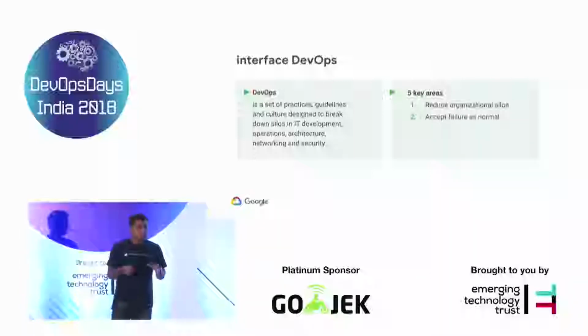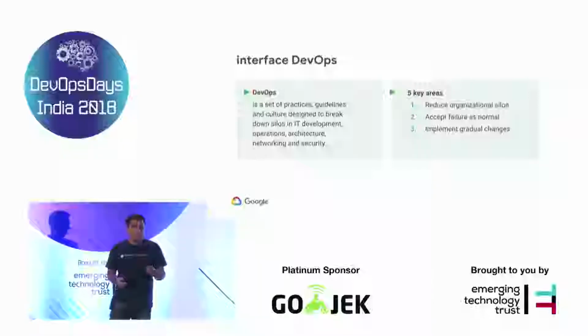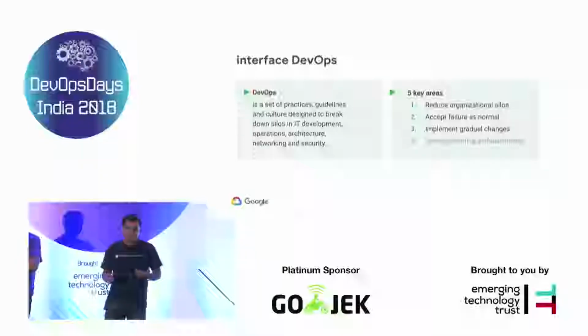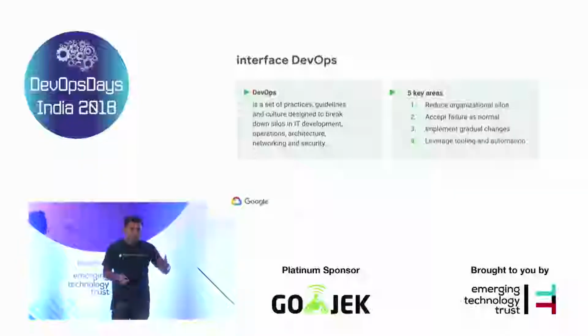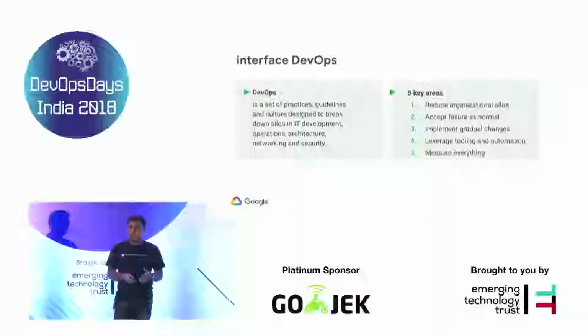We accept failure as normal, we plan for it, and we fix it. We don't repeat it. Smaller changes are easier to implement and roll back rather than going for a big bang approach. We make sure we use enough tooling and automation. We just make sure to avoid as much manual intervention as possible, and measurement is critical to success. So we just make sure that we measure everything.